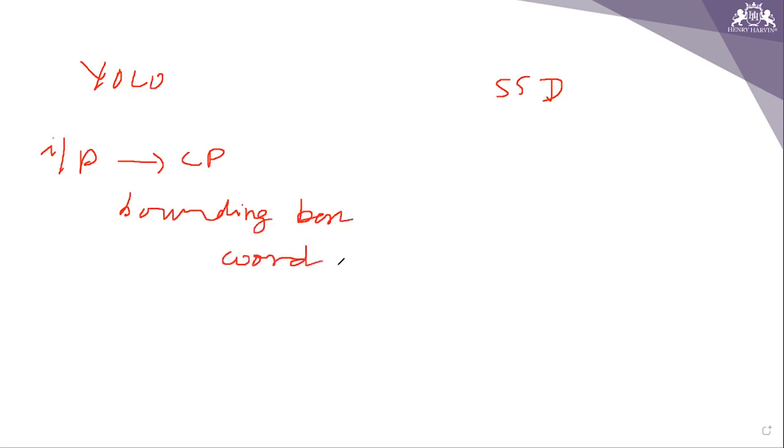Right? YOLO divides every image into a grid of S cross S, and every grid predicts N bounding boxes and confidence, right? Bounding boxes and confidence.